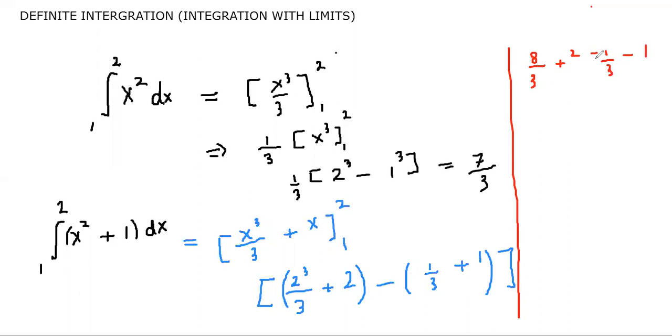So 8 by 3 minus 1 by 3 is 7 by 3. 2 minus 1 is plus 1. Just take the LCM and solve. What you get? 7 plus 3 is 10. 10 by 3 is the answer to this question. So this is the way you have to solve integration with limits. That is called definite integration.